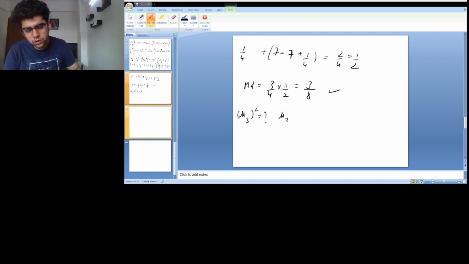But what is the formula for the third moment? Let me see the formula for the third moment first. The formula for the third moment is the third moment with respect to the origin minus 3 times the second moment with respect to the origin into the first moment with respect to the origin, plus 2 times mu1 dash the whole cube of this.